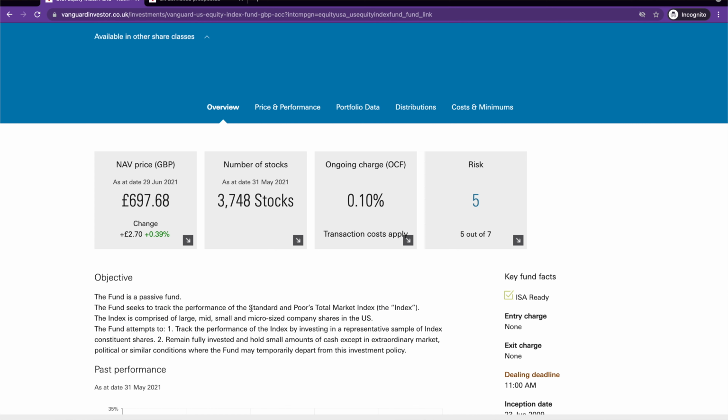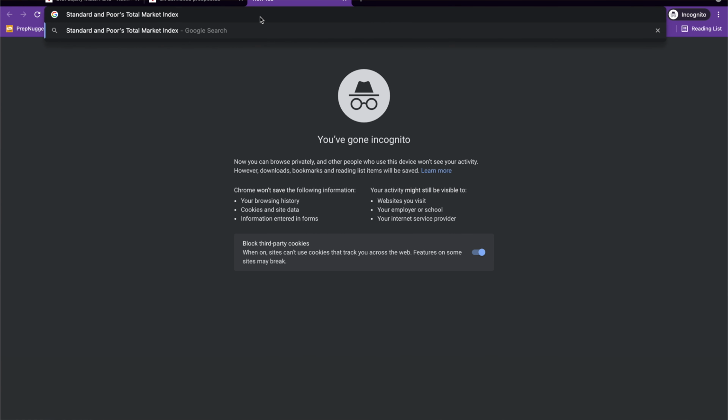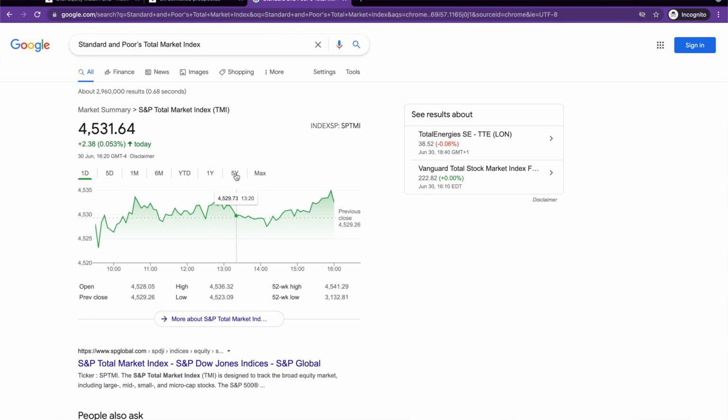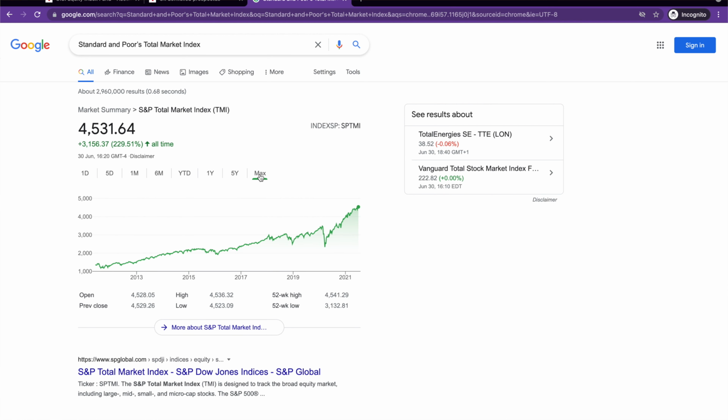So actually, we can take this index and just Google it, and here we go. We have the S&P Total Market Index, the TMI, and this is actually the index that this fund tracks. And if we look at the performance max, then we can see that it's basically been going up for the last 10 years.